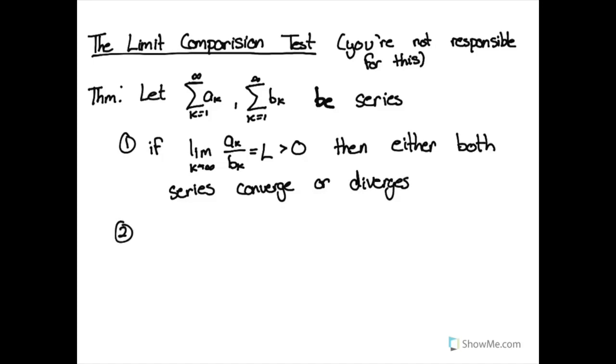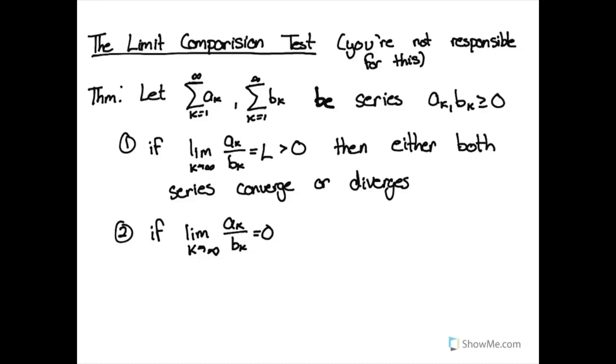Okay, 2. If the limit as k goes to infinity of a_k over b_k equals 0, and sorry, it's important that I point out a_k and b_k both have to be positive series for this to work. So their limit can either be a positive number or it can be 0.